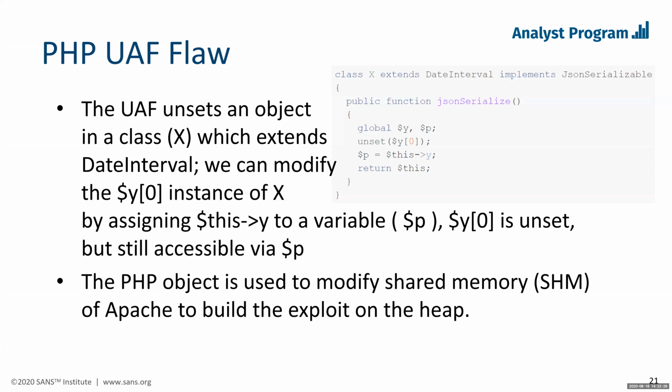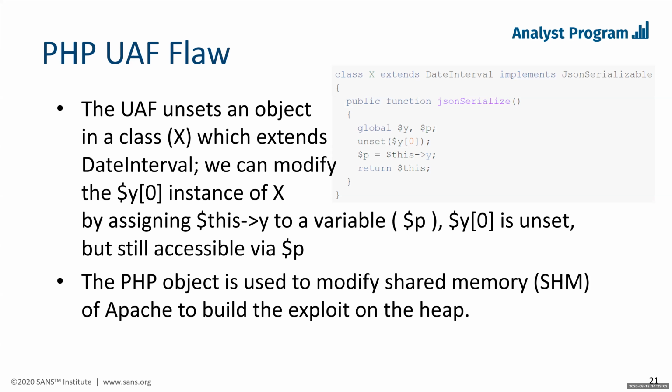Then the serialize function is called, in which there are two variables defined, Y and P. Y is instantiated, but then unset. And then P is defined as a handle to what was Y. So this now allows modification of the contents of the memory space that was allocated for Y by using P.